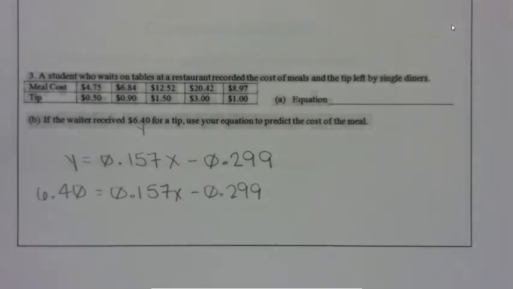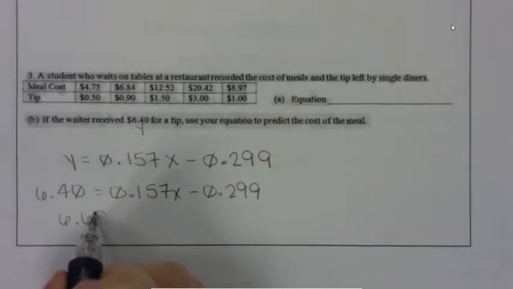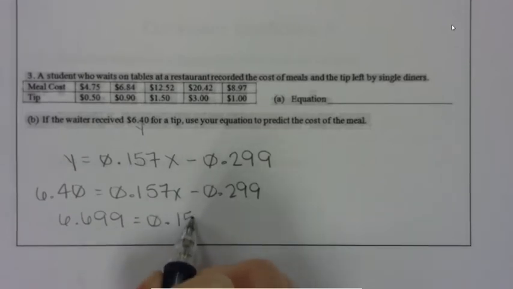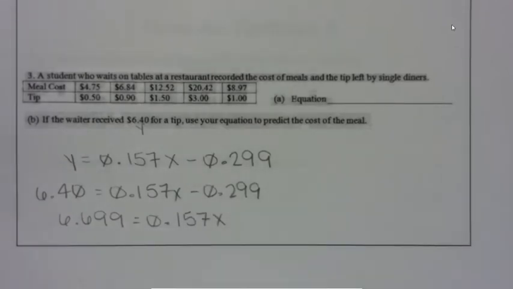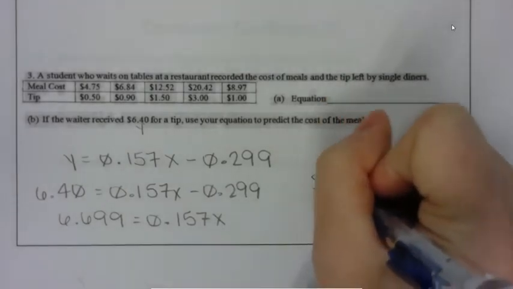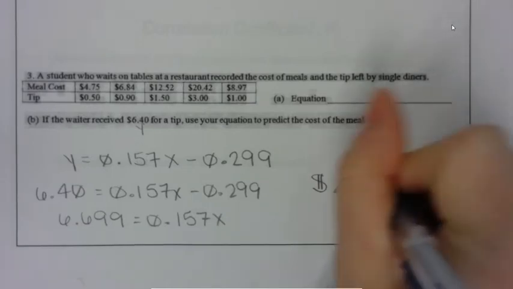So I'm going to add 0.299 first. So I'll have 6.699 equals 0.157x, and then I'm going to divide by 0.157. So my meal cost would have been $42.67.